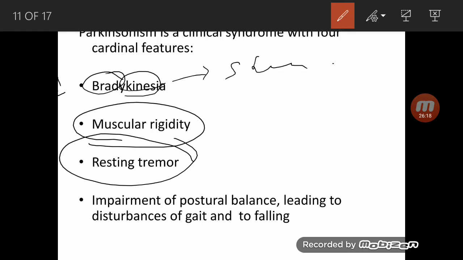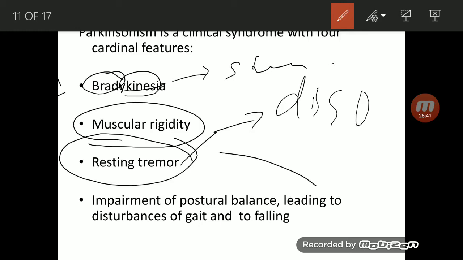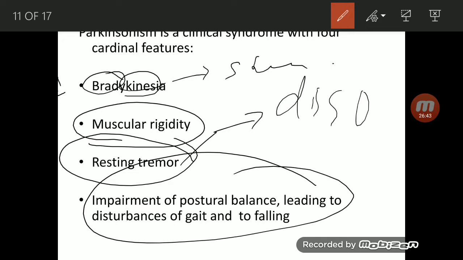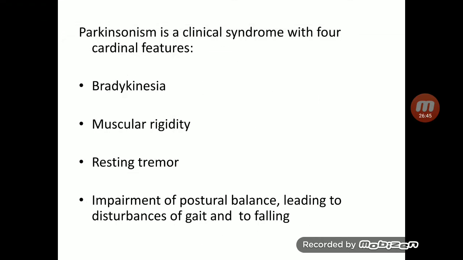That is resting tremor. Generally, this tremor disappears once you initiate a movement. Only during the resting phase do you see shaking of hands and legs. And lastly, there is impairment of balance leading to disturbance of gait and falling as well.